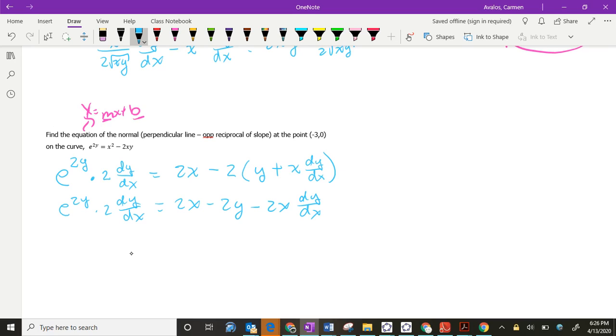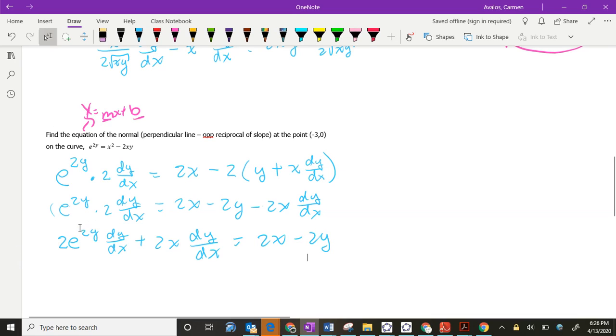So this is a quantity, and I'm going to move that 2 here. And so we're going to say 2e to the 2y, because that's just a coefficient being multiplied. I could just move it to the front, and then that's dy/dx. And then I'm going to add this to this one, since this is already a subtraction there. And then that's going to be a dy/dx, and that's going to be 2x minus 2y.